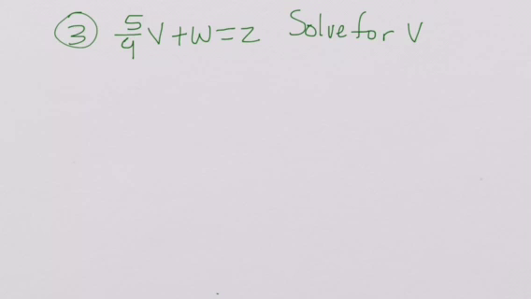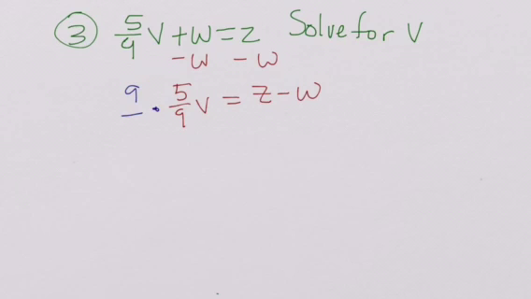Solving for V. Is the variable on the left? It is. Is it by itself? It's not. We're going to zero pair out the W. 5/9 V is equal to Z minus W. To make the fraction go bye-bye, you're going to flip it over and you're going to multiply.